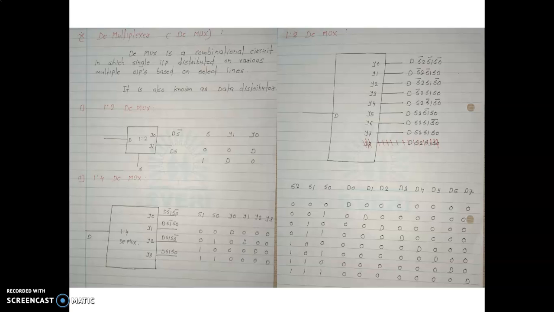Similar to the multiplexer, we can also design the demultiplexer by using truth tables. So here we can represent the 1 to 2 demux, 1 to 4 demux, and 1 to 8 demux.